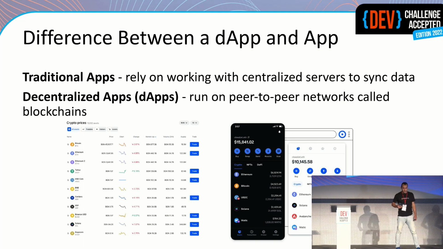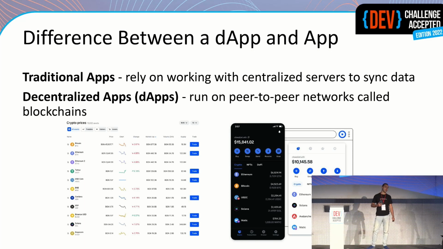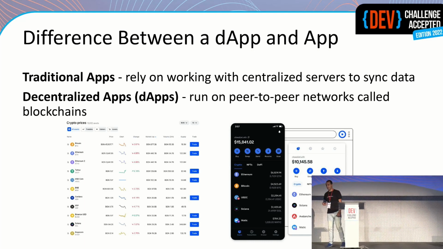You may have heard this truism: if you're using some application and you're not paying for it, then you're the product. And that's true. dApps strive to return the power to the user by removing intermediaries and establishing a new shared trust mechanism thanks to cryptography.